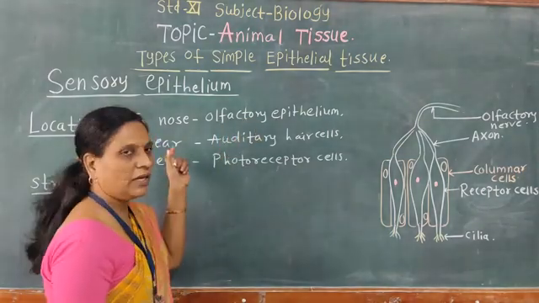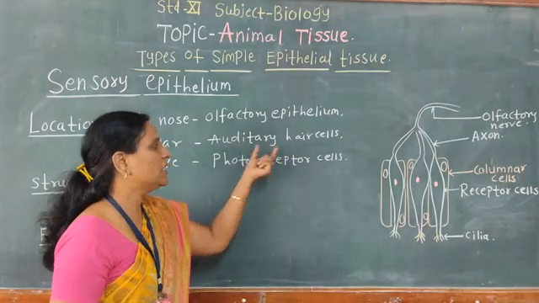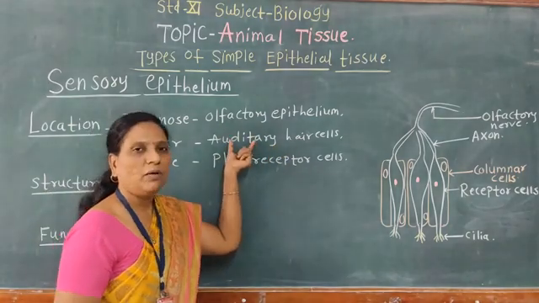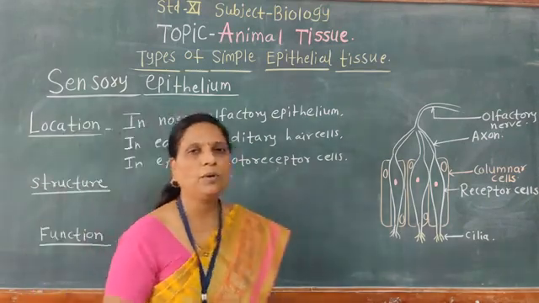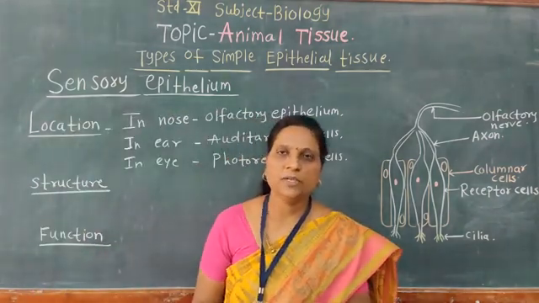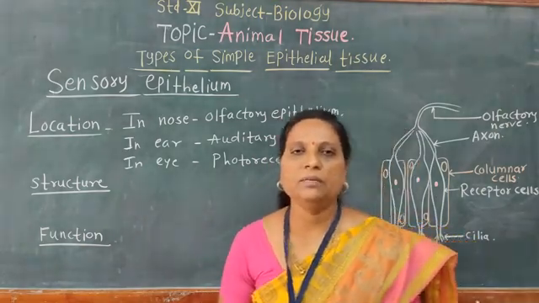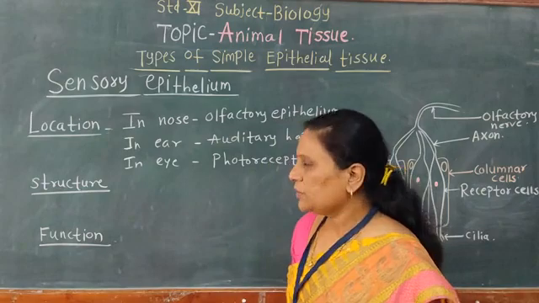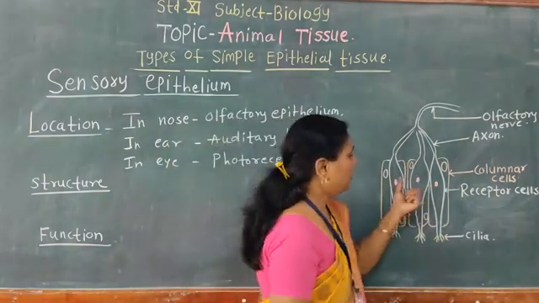In case of ear, it is called the auditory epithelium. Auditory hair cells receive the stimuli of sound. And next in eye, they are called the photoreceptor cells. So it is modified to receive the stimuli and convert into impulse. Now we can study the structure of these cells. These are modified epithelium cells.